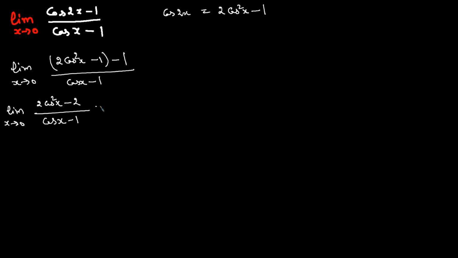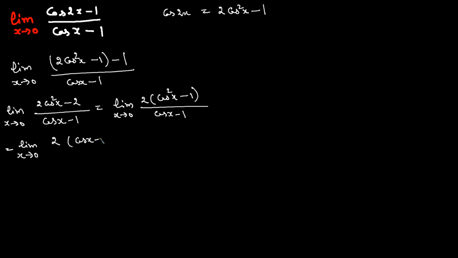which is equal to limit x approaches 0. I'm going to take 2 out as a common factor, so we're left with cosine square x minus 1 over cosine x minus 1, which can be rewritten as, remember, a square minus b square is a minus b times a plus b. So cos square x minus 1 can be written as cos x minus 1 into cos x plus 1.